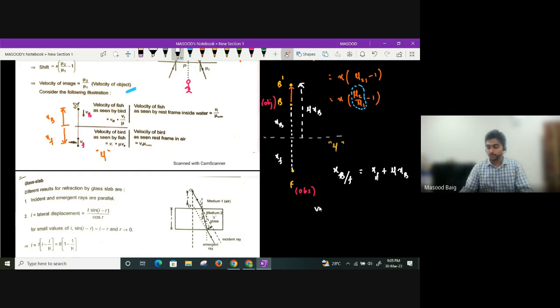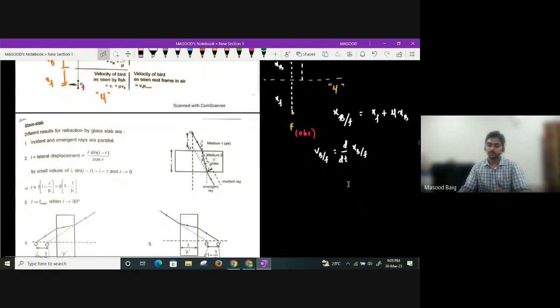If I want to find the speed of the bird with respect to the fish, what will I do? Whatever distance is there, I'll differentiate. So I'll get the rate of change of the distance of the bird with respect to the fish. What will I write this as, guys? I'll write it as d by dt of x of fish plus mu into x of bird.